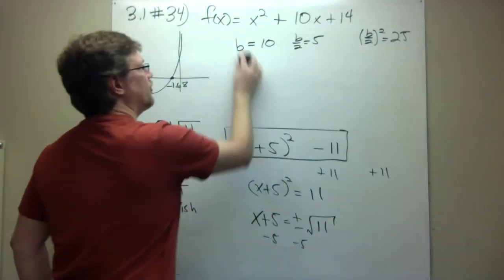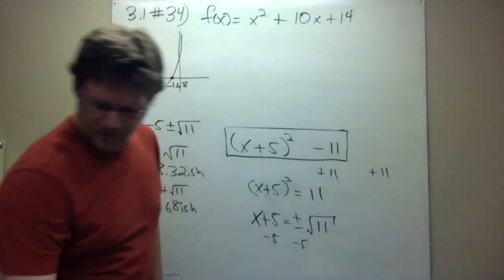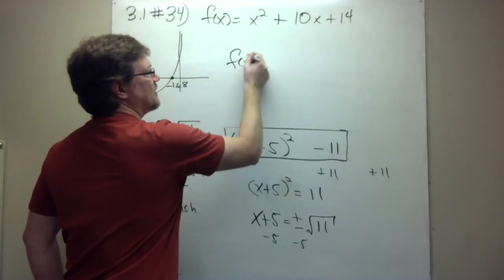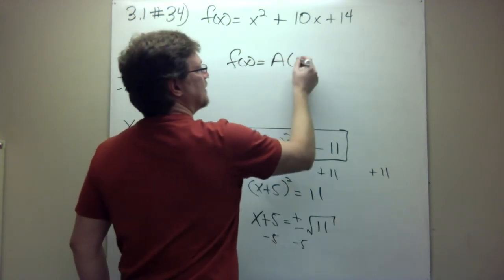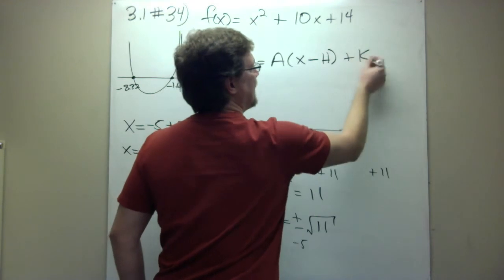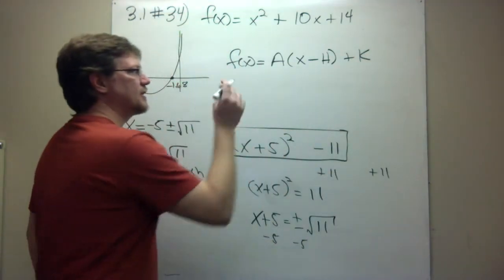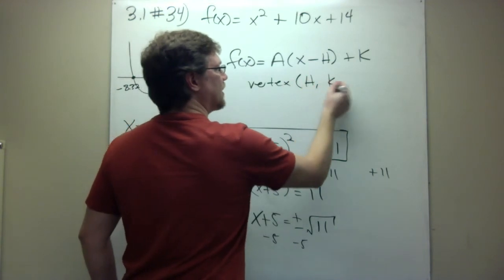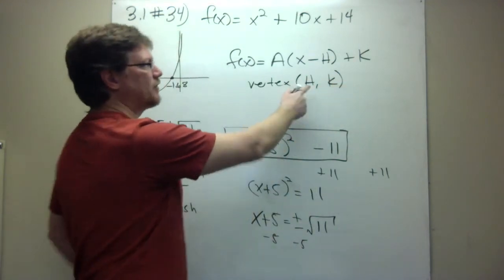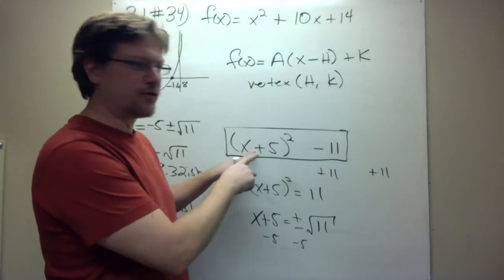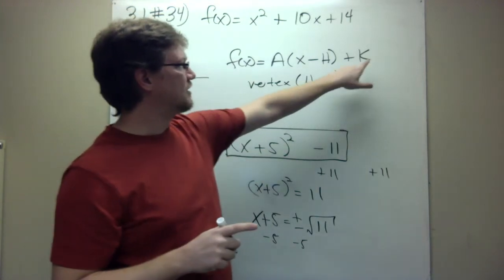Right, now, if we remembered in class, I talked about if we have f of x equals a times x minus h squared plus k, this is going to have a vertex of h comma k, right? Where our x value is our h, or the negative of whatever we have here, and then this k, whatever we have there.